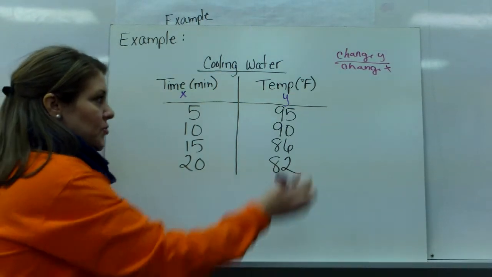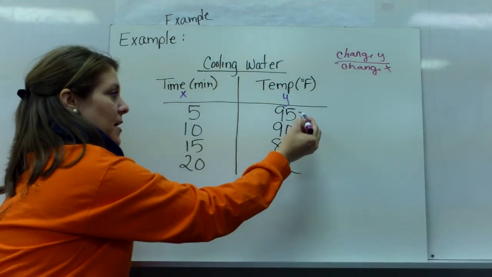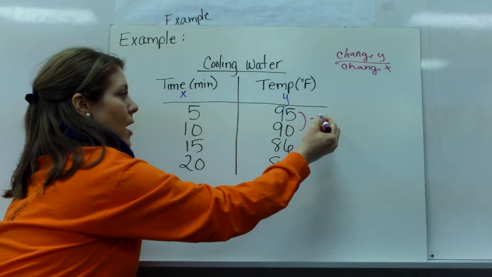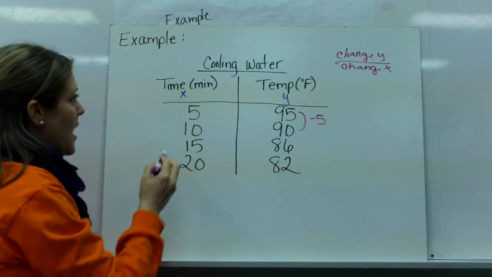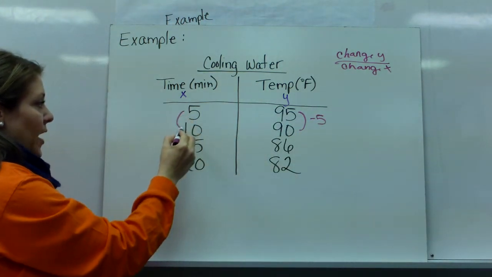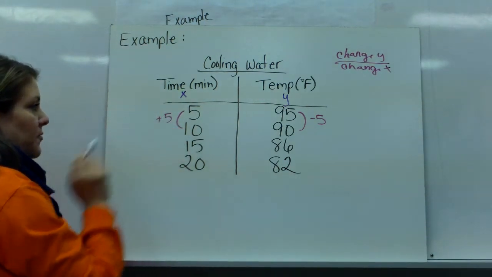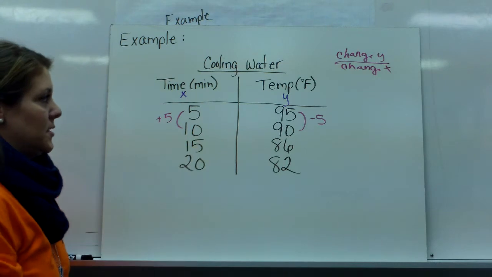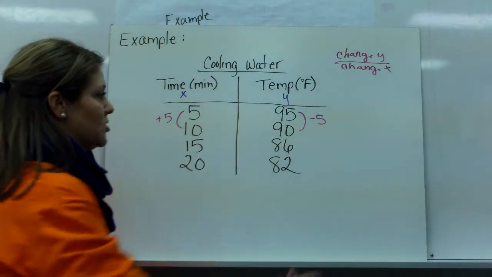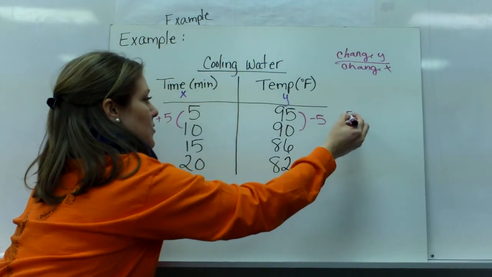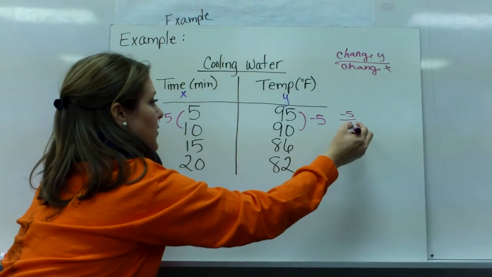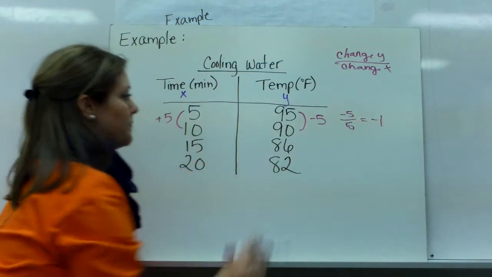Let's look at the y's first. When we go from 95 down to 90, we have a drop of 5. And for the time, we went from 5 minutes to 10 minutes, so that is an increase of 5. So the ratio that represents this first set of changes would be -5 over +5, which is a -1.